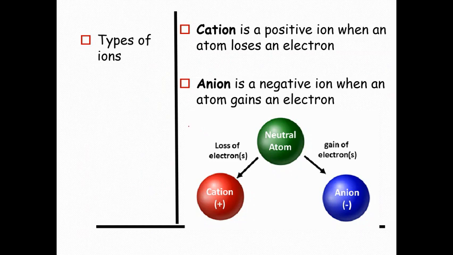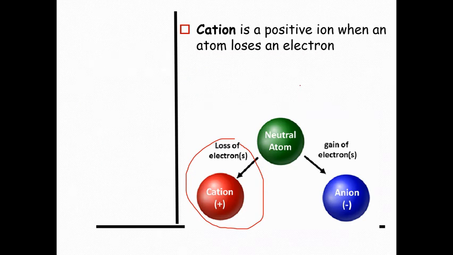Okay, I have a little diagram here so you can see kind of what's going on. Loss of electron over on this side creates a positive, gain of electron on the other side creates an anion, negative charge. Remember that electrons are negatively charged, so if I add more electrons, I become more negatively charged.